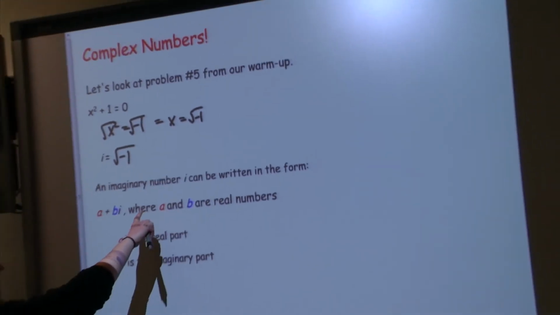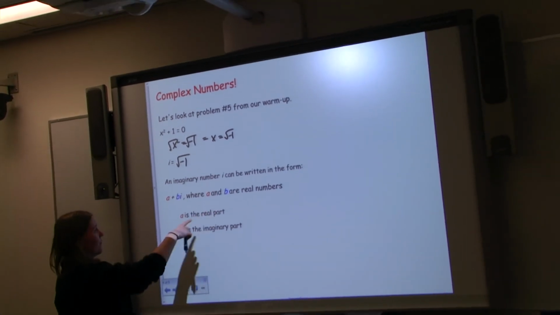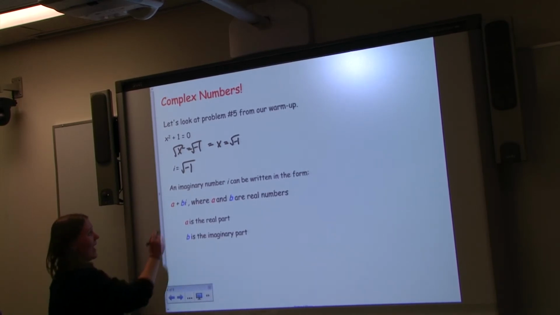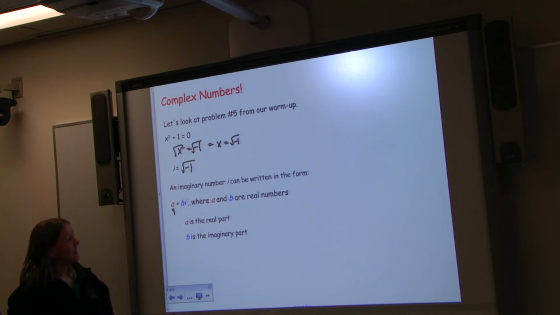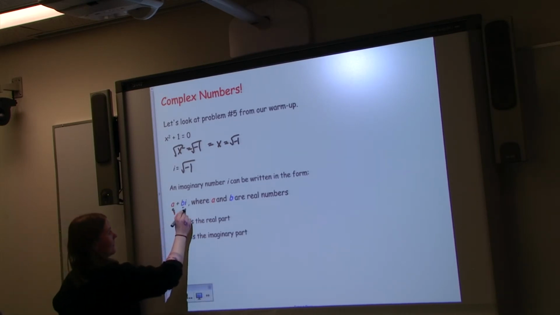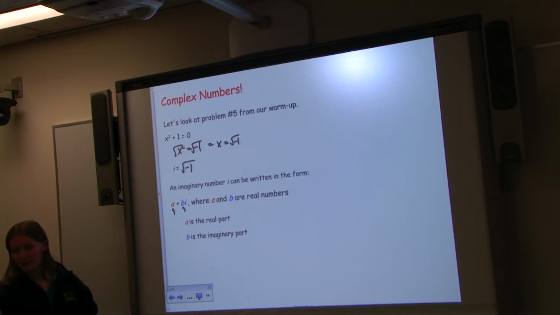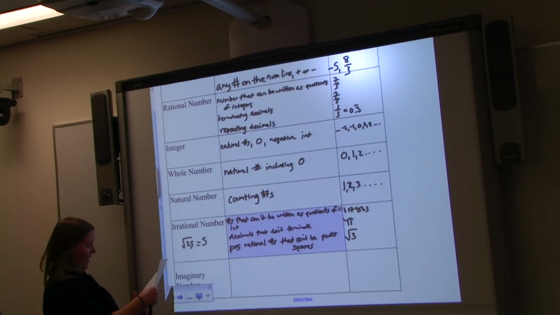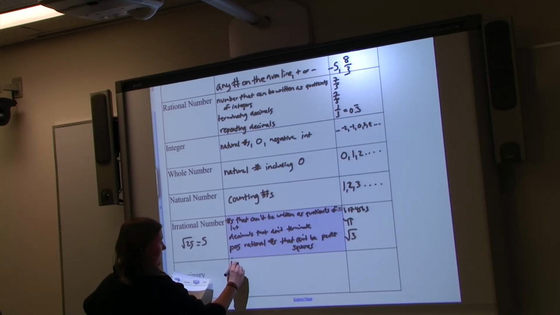So your imaginary number can be written in the form a plus bi, where a and b are real numbers, but a here is the real part, and this one is your imaginary part. Okay? Any questions? No, that's a little confusing, first time seeing it. Okay. So now we're going to go back and fill this chart in, which is basically what I just said.